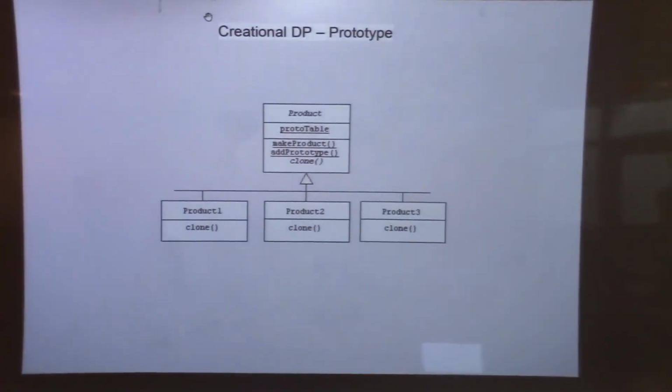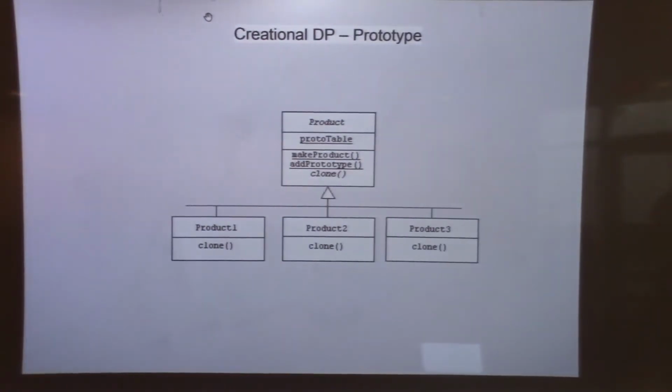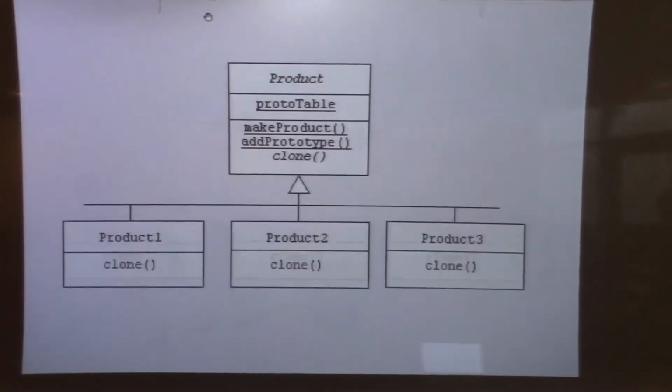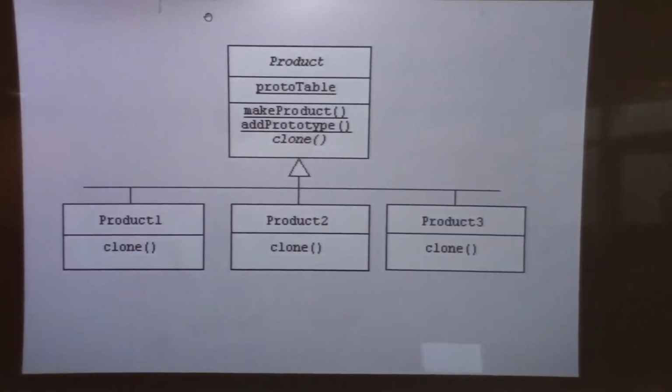So you can see here, product is our superclass. As big as I can go. And so I have a prototype table. I have a method called make product, add product, and I have clone.